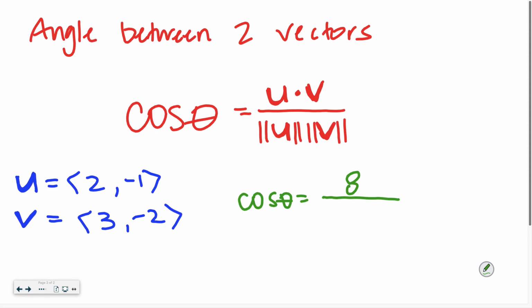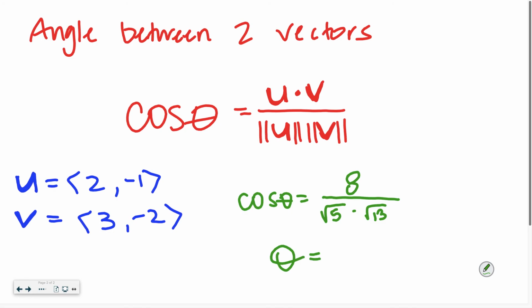The magnitude of u would be radical 5. The magnitude of v is radical 13. So with your calculator in degree mode, because we're just going to take a break from radians this week, I would like you to calculate the angle in between these two vectors.